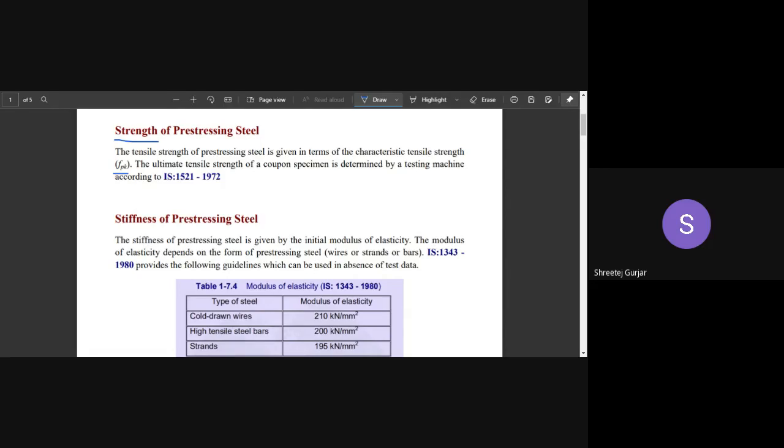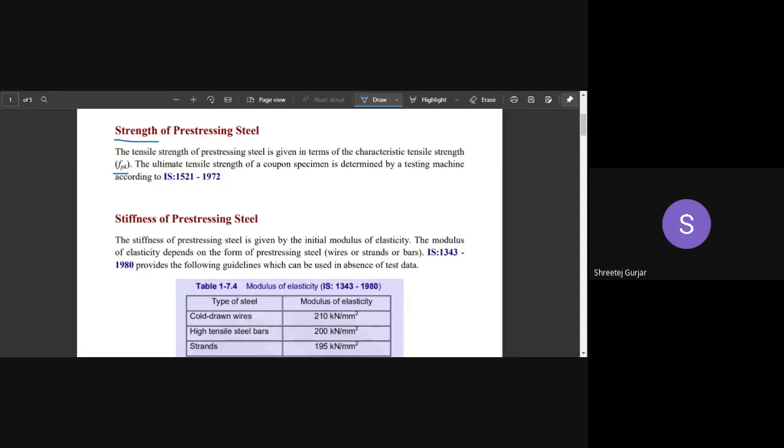Tensile strength is usually determined by the tensile machine, wherein you put a specimen in the machine and apply tensile forces to your element. You have done this in your lab, wherein you took a mild steel specimen, applied tensile forces, drew the stress strain curve and determined the strength of your steel. Similarly, you can determine the ultimate tensile strength of a specimen by the same method. The guidelines are given in this code, that is IS 1521 1972. You can go through this code.